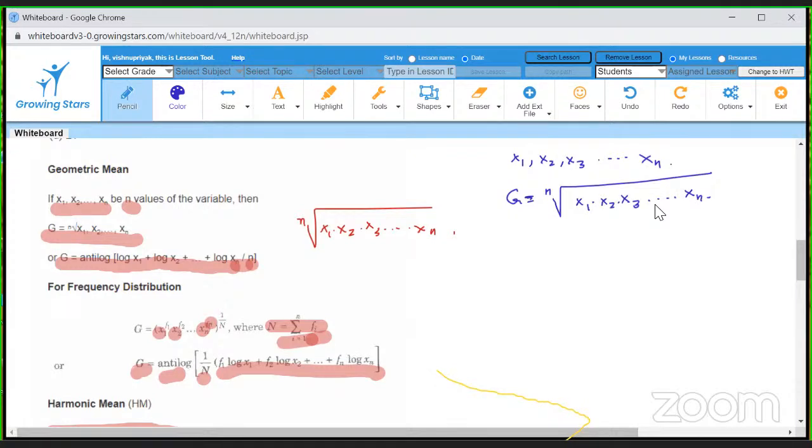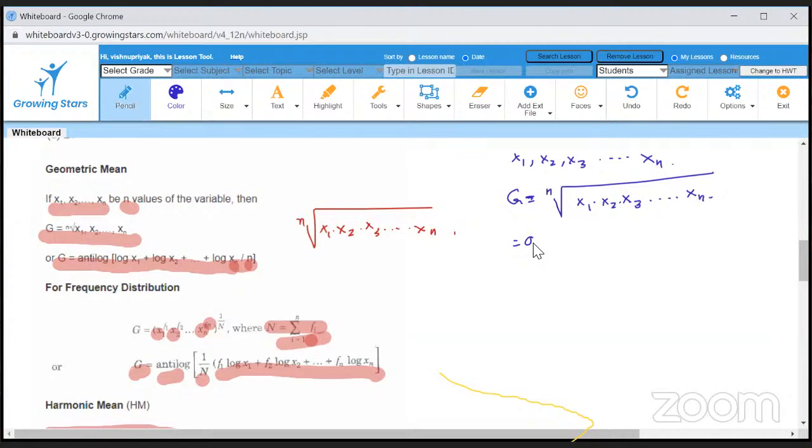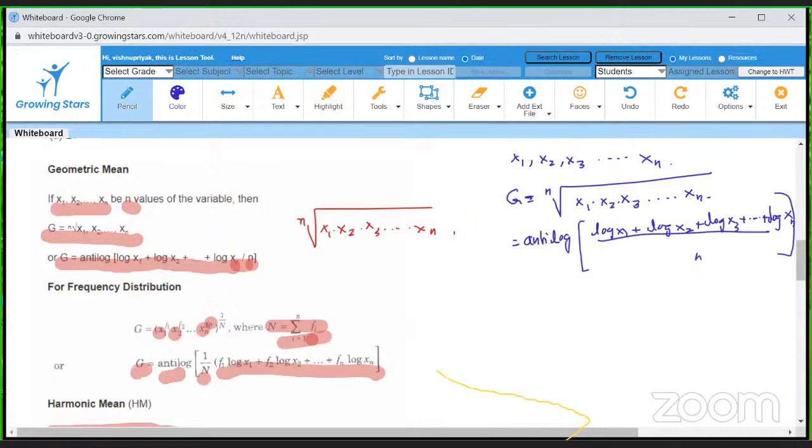Another formula is to take the anti-log of log x1 plus log x2 plus log x3 and so on up to log xn, add all and divide by n. But both are for raw data, just a list.